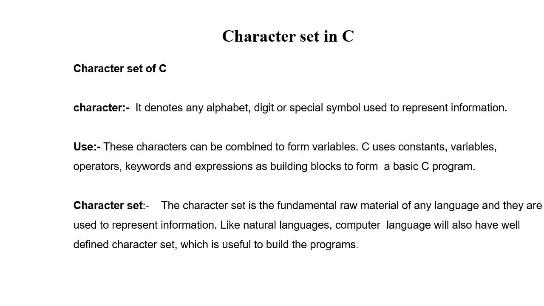For any language we need some way of expressing it in script form, we need keywords, variables and operators. What are character sets? The character set is the fundamental raw material of any language and is used to represent information. Like natural languages, a computer language also has a well-defined character set which is useful to build a program.